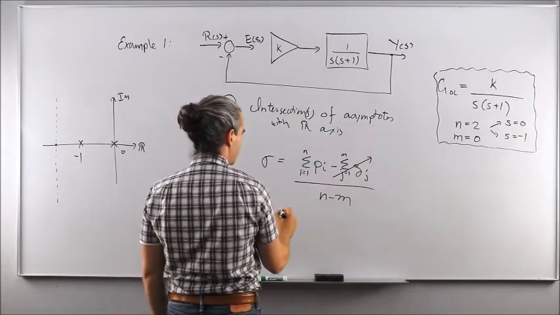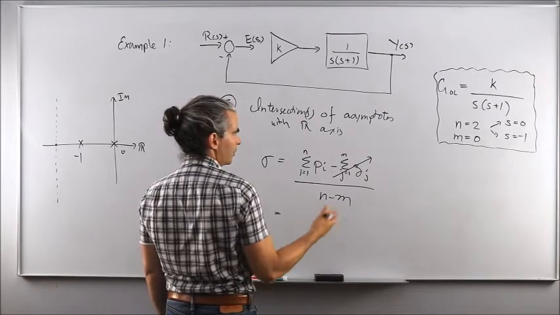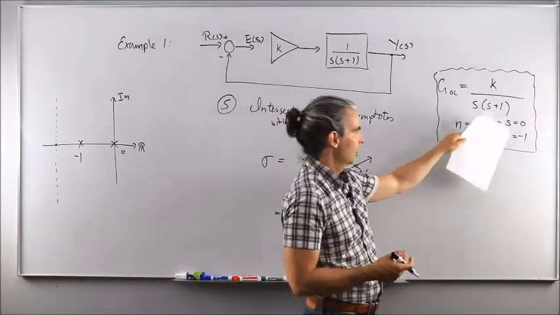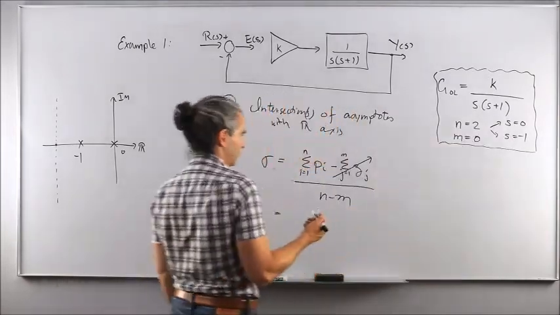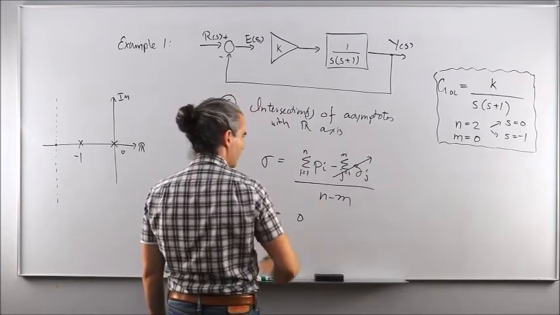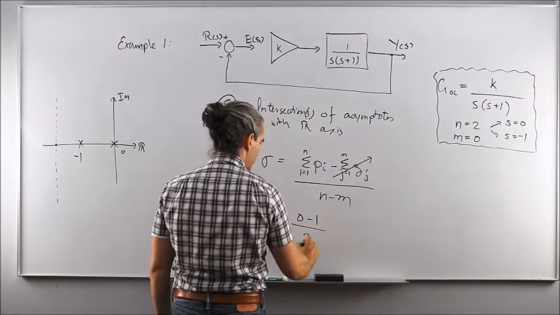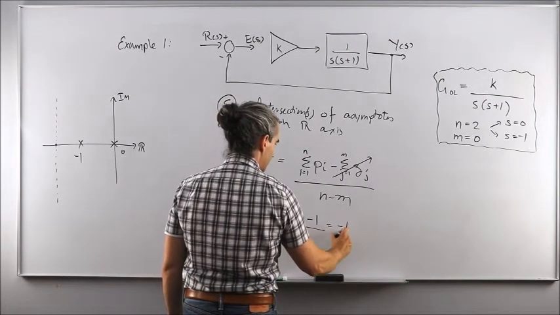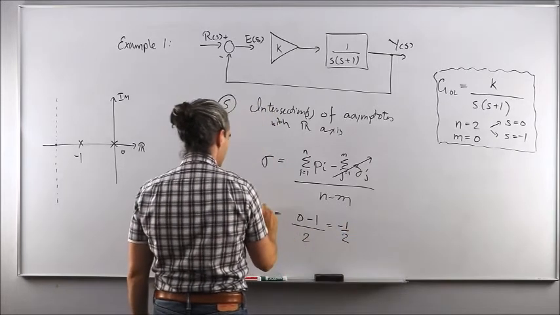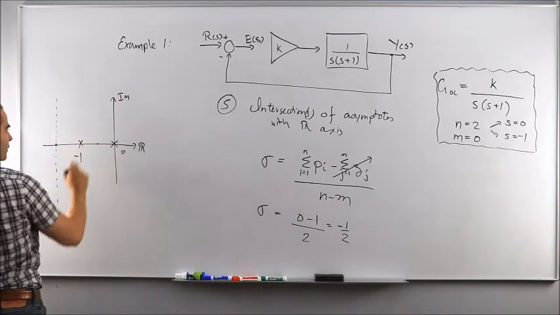And we're summing all the poles together by considering only the real parts. Well, it turned out they are already along the real axis, so that becomes even easier. So we have the one at 0 plus the one at -1 over n minus m, which is 2, which means that the intersection of both asymptotes along the real axis is going to be right here at the middle, -1/2.